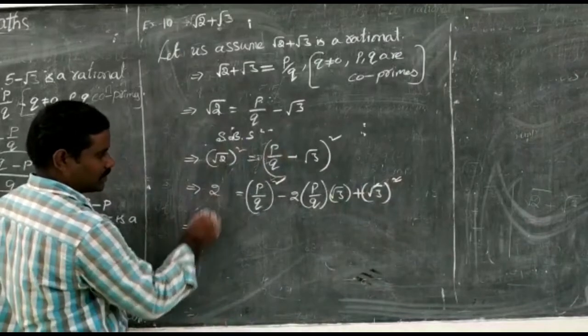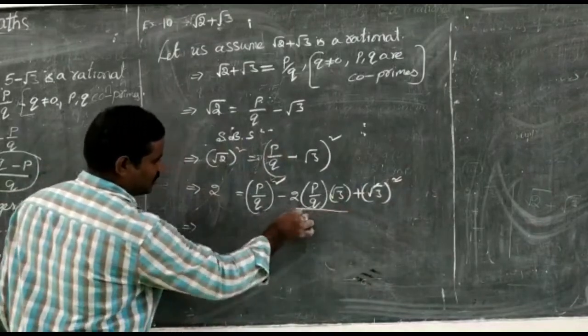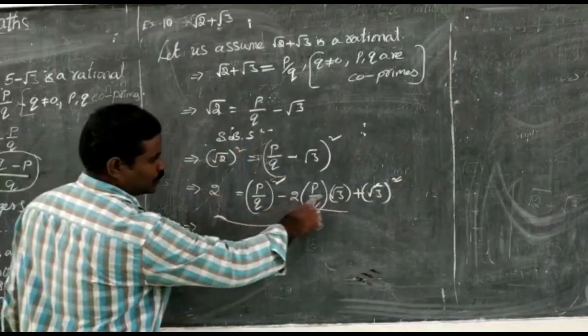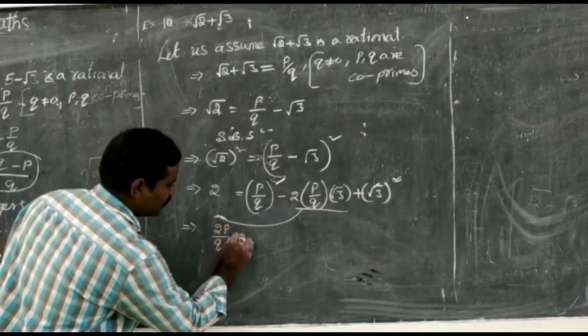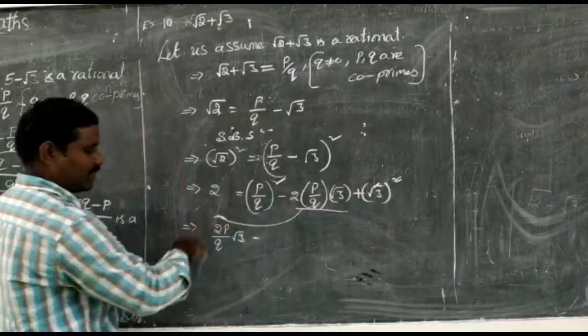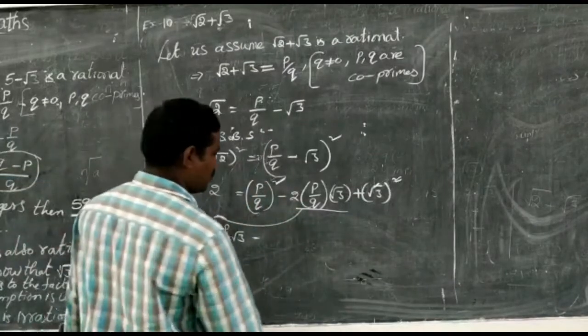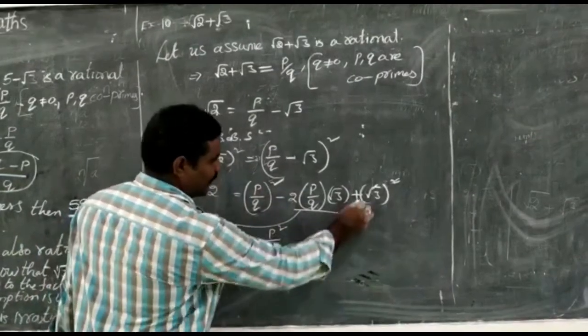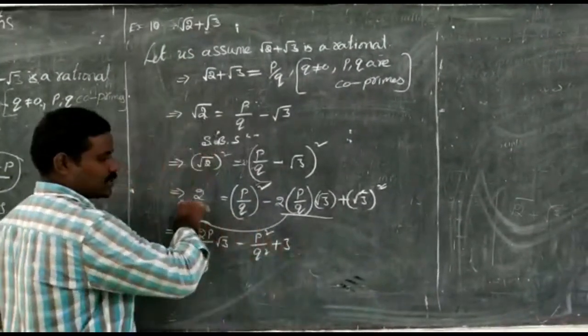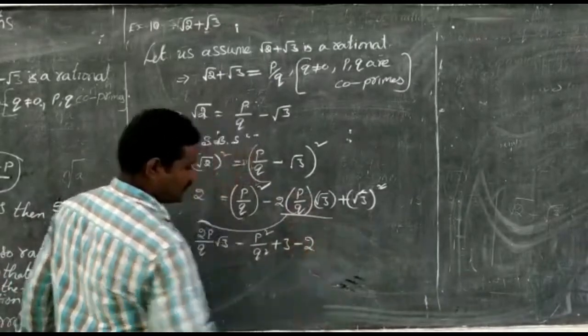Now I am taking this term, 2 p by q root 3, to the LHS. It is negative, so from the LHS side it is positive. P square by q square plus 3 plus 2 will be minus 2.